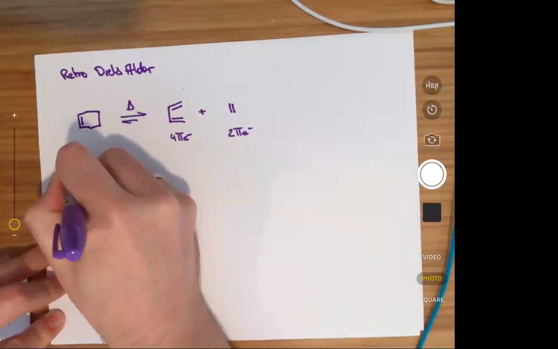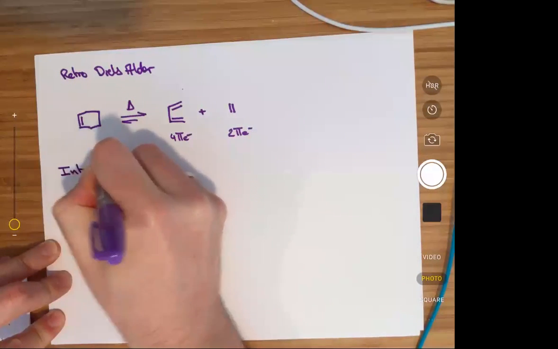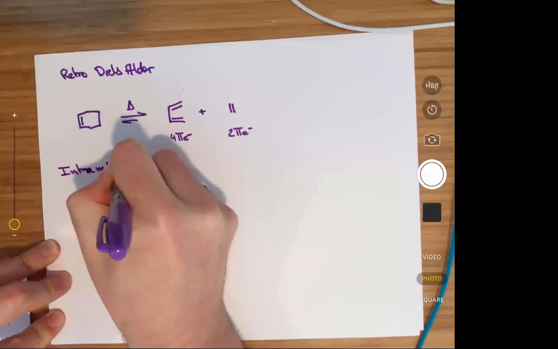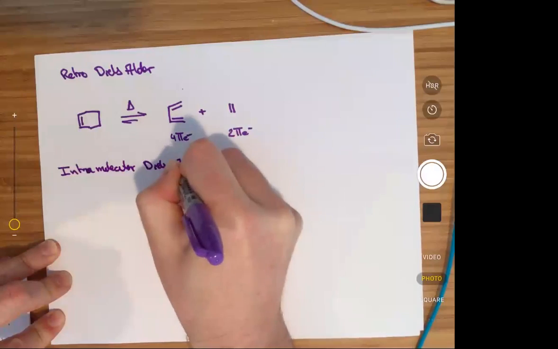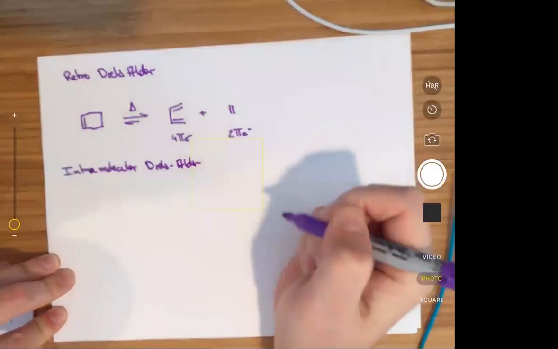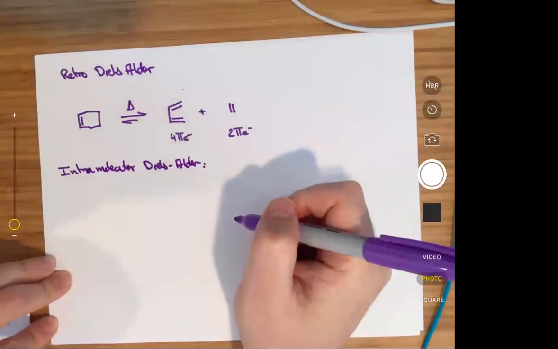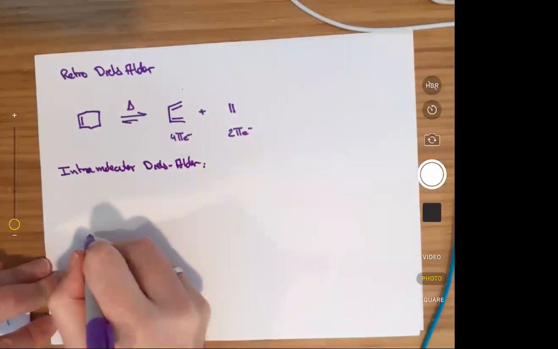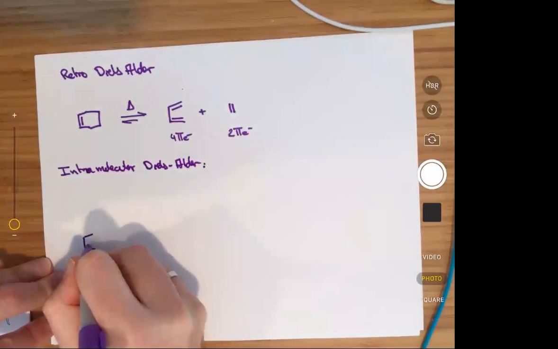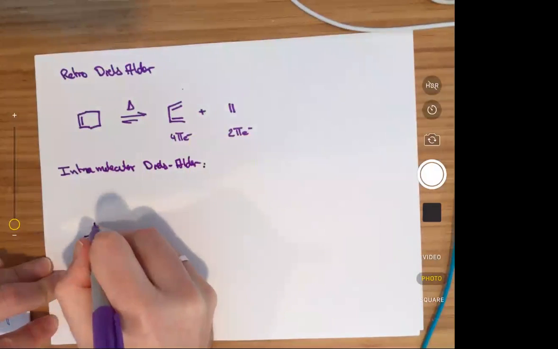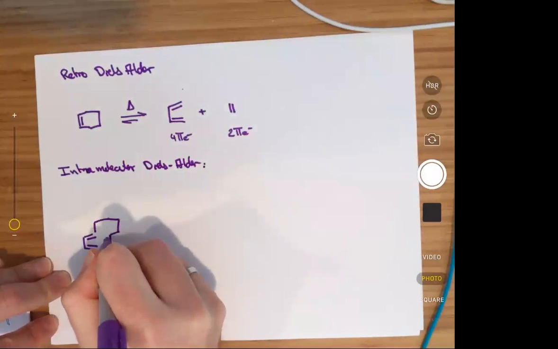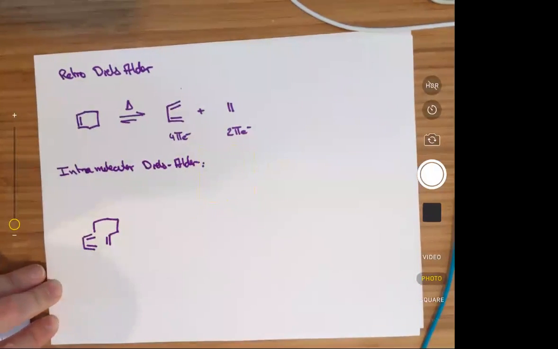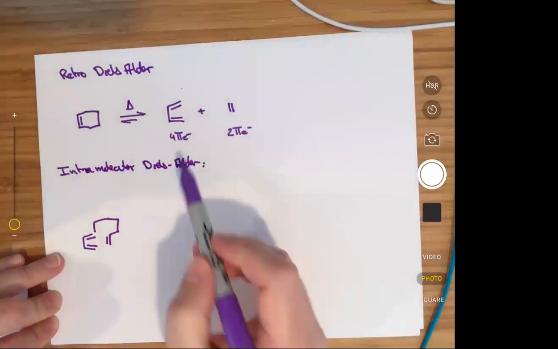So intramolecular Diels-Alder. And just a simple example, you could think about it this way. If we have a diene and this is linked through a saturated linker, for example, to a dienophile, you basically still have exactly the same components.